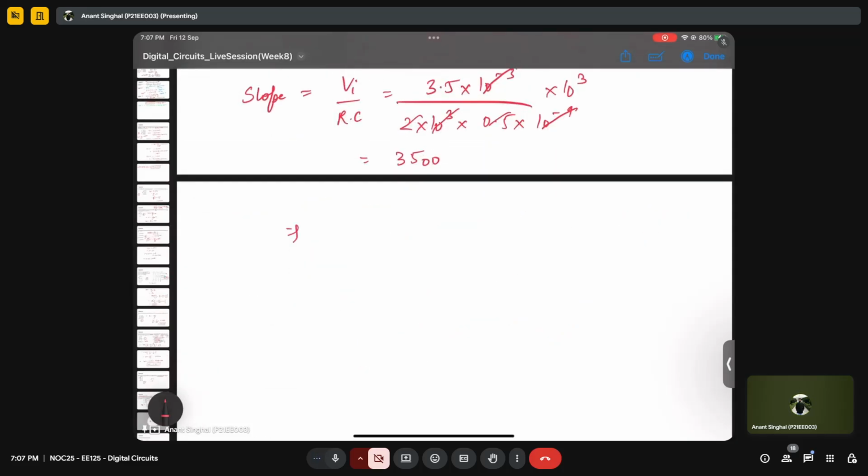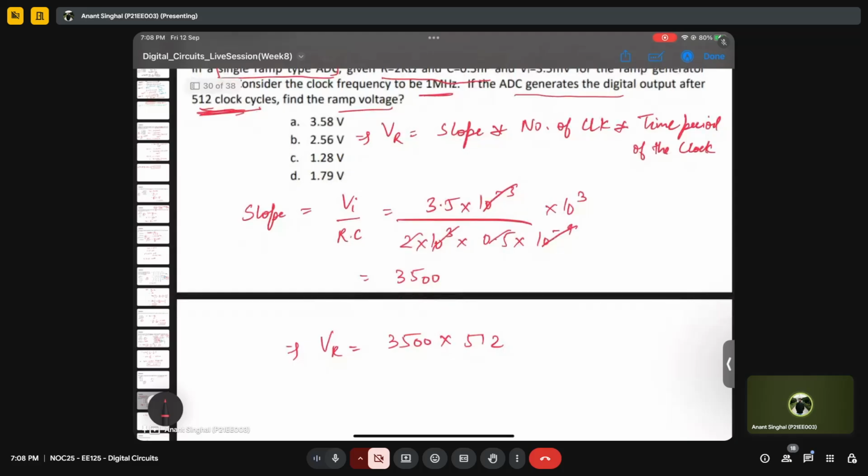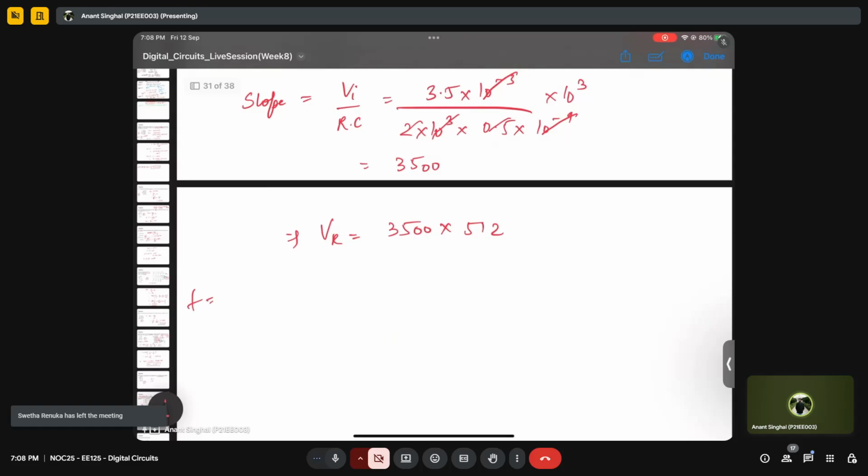The ramp voltage is the slope, which is 3500, times the number of clock cycles, which is 512 as given in the question, and the frequency is 1 megahertz. That means the time period is 1 by 1 megahertz, that is 1 microsecond.